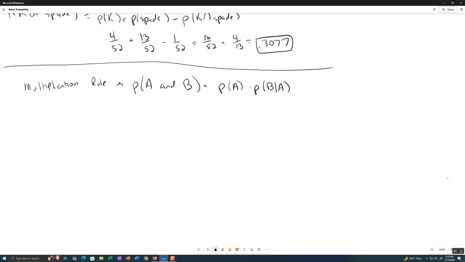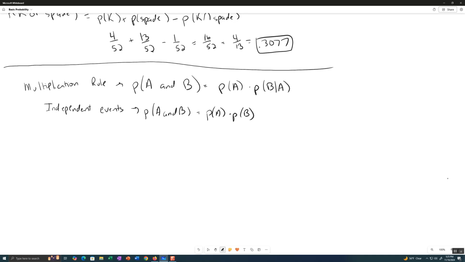Now, with independent events, so if the probability of the two events does not affect each other, then it's going to be probability of A and B equals probability of A times the probability of B. So if A and B have no influence on each other, so if A occurs first, and that does not change the probability of B occurring, we have what's called independent events.